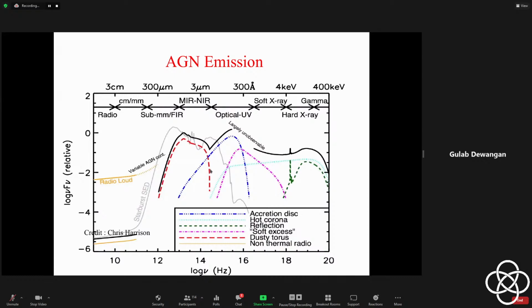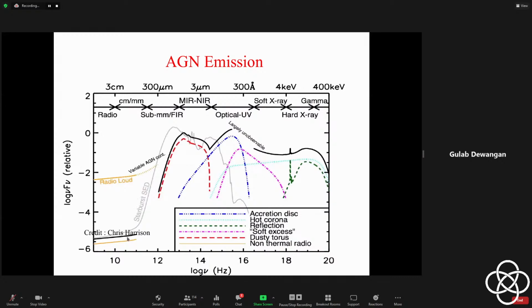And at low energies, you see this infrared bump, that is obviously the reprocessed emission in radio quiet type 1 AGN. And in the radio range, of course, if the object is radio loud, we see the radio continuum emission, which can be variable. The subcomponent arises from the jets, of course.